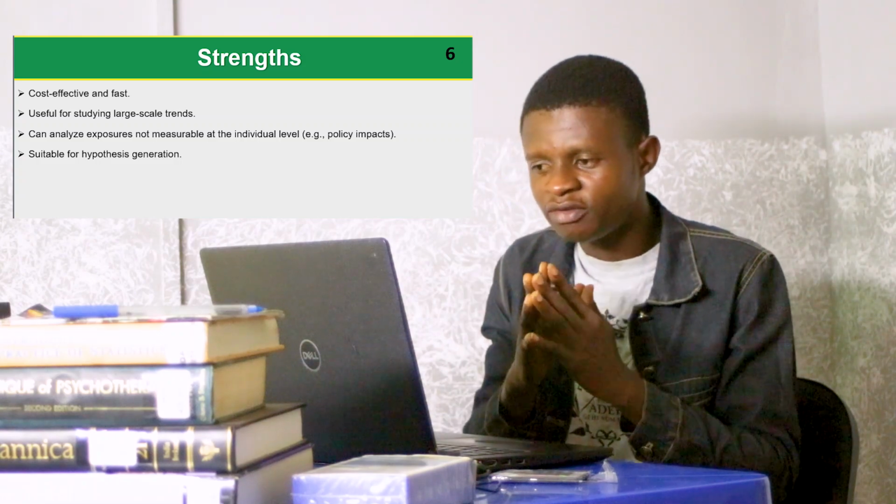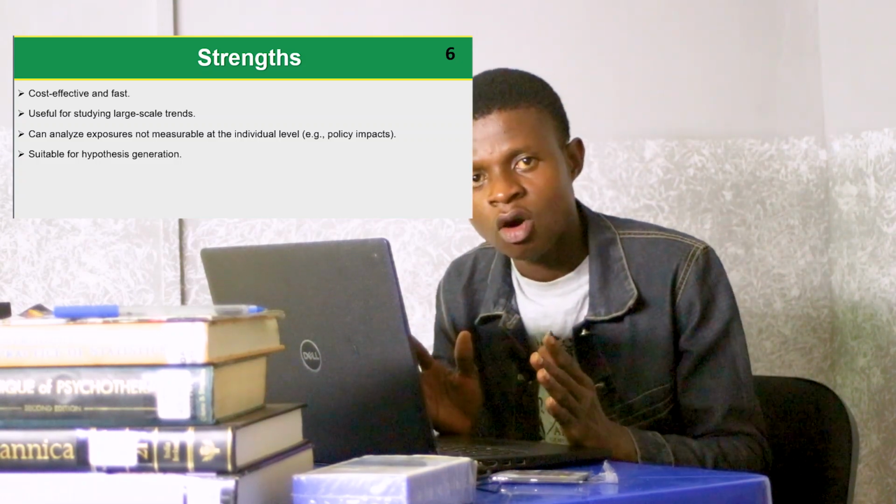So with the strengths, it is cost effective and fast. Although you are using a large number of people, the data is taken at once, like the population census. We take it every 10 years, and then it is fast. At the end of the data collection, everything is done. There is no follow-up.